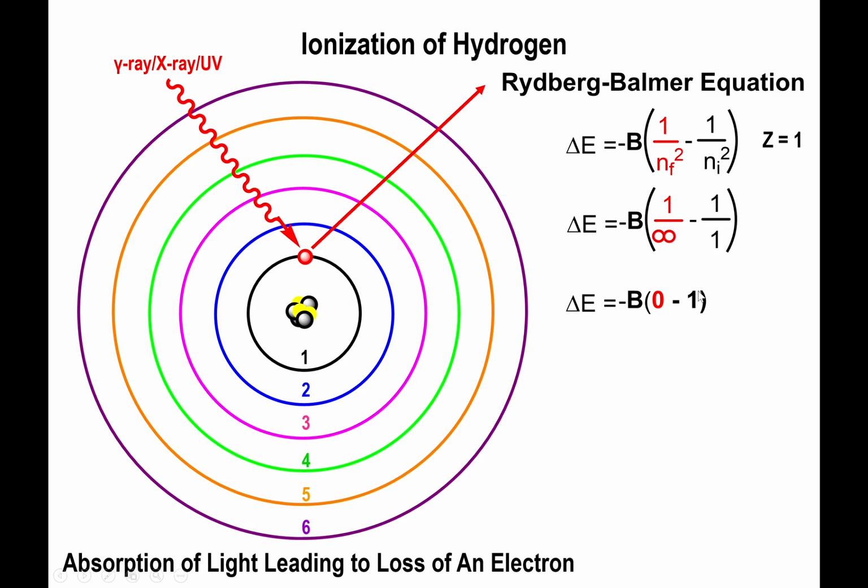And 1 over 1 is just 1. So what you end up with here is simply negative B times negative 1, or in other words, simply B. So what it says is that the ionization energy of hydrogen is equal ultimately to the Balmer constant, which is equal to 2.18 times 10 to the negative 18 joules.